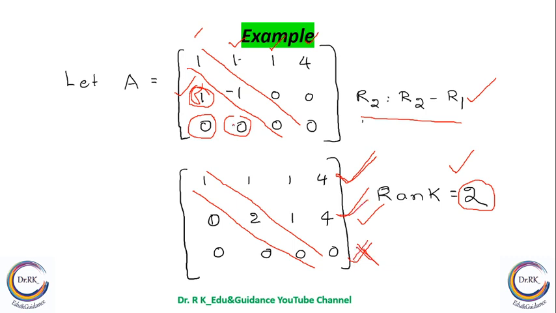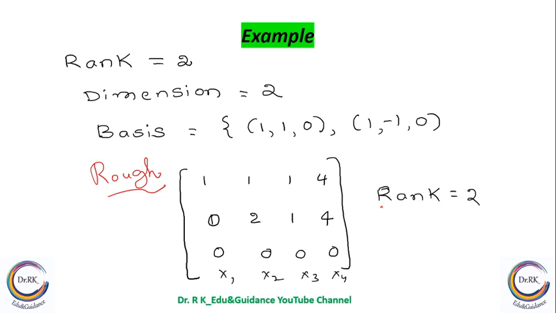That means out of these four vectors, 2 are linearly independent. Now what are those 2 vectors? That is the next question. Here we took x1, x2, x3 and x4, and this is what we got.